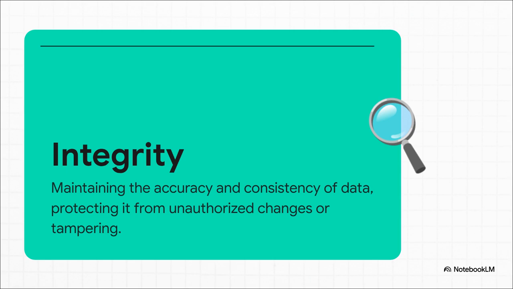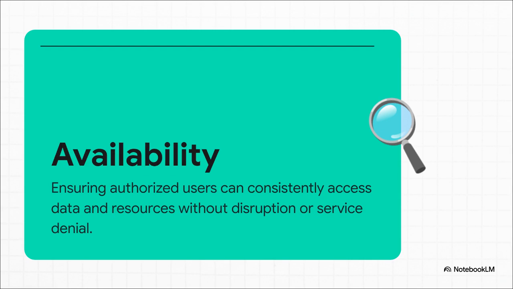When you transfer money from your bank account, you have to trust that the amount you send is the exact same amount that shows up on the other end. That's data integrity in action. And the final pillar, availability, is maybe the simplest one to grasp. The app just has to work when you need it to work. A huge part of security is actually protecting against attacks that are designed to take a service offline. Because, let's face it, if you can't even get to your data, that's a massive security failure right there.